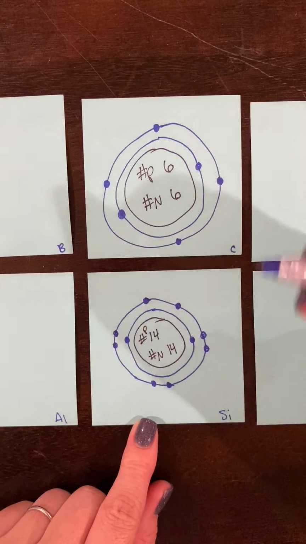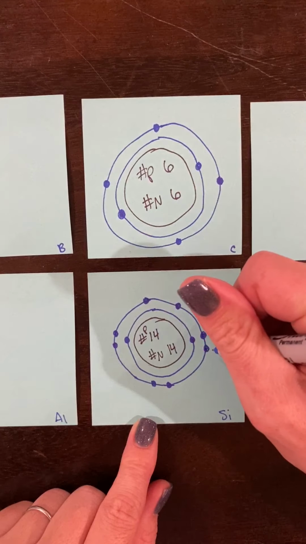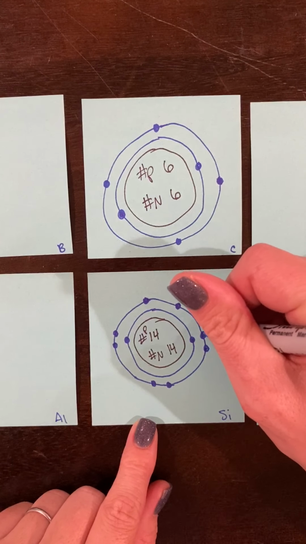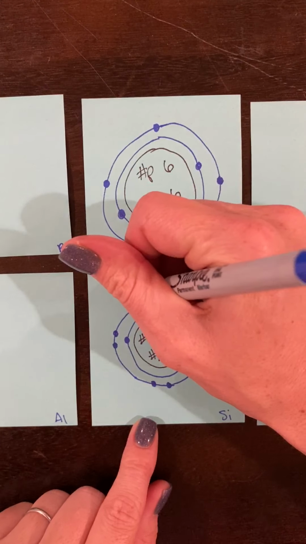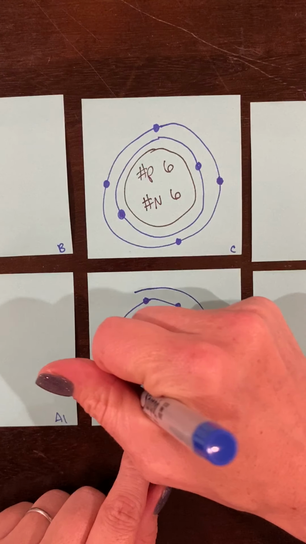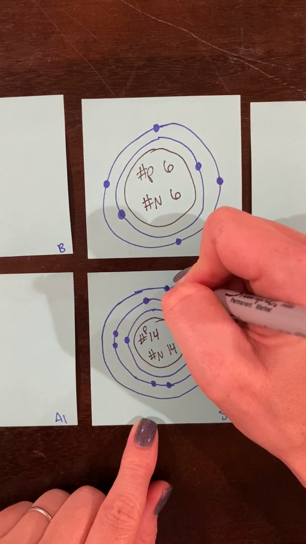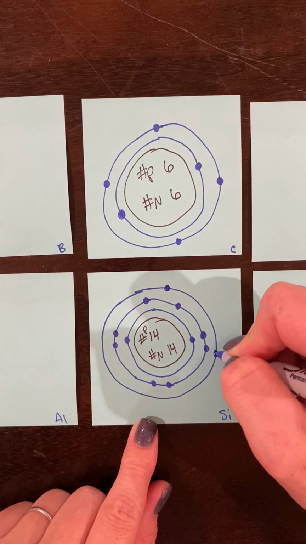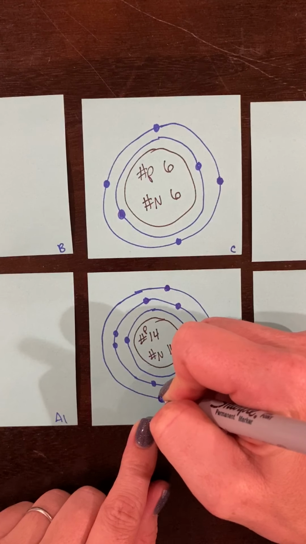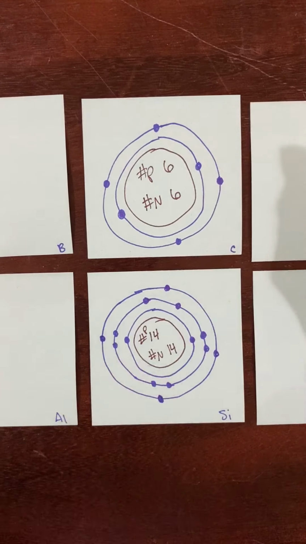All right, so now we have a first shell with 2, a second shell with 8, making 10 electrons. I need 14, so I'm going to draw another shell, and I'm going to draw 4 more electrons to give me a total of 14 electrons.